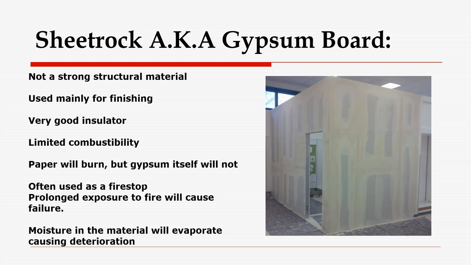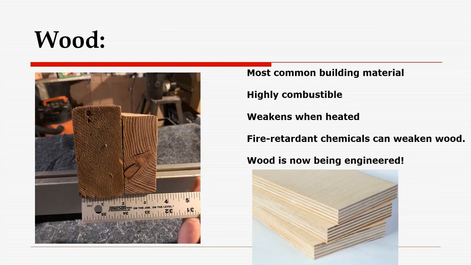Prolonged exposure will cause failure of sheetrock, and then moisture in the material will evaporate, which can cause something similar to spalling, but it's not necessarily spalling, it will cause pitting in your sheetrock, which starts losing some of that material, and then eventually will collapse, break, and penetrate, allowing fire and anything else just to go through there and continue burning.